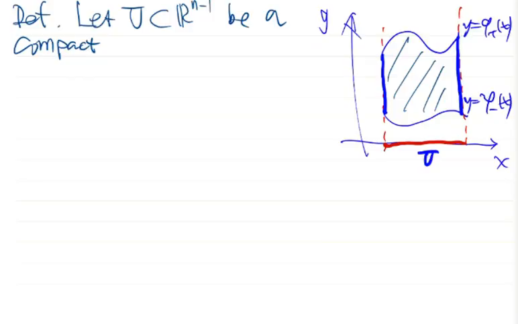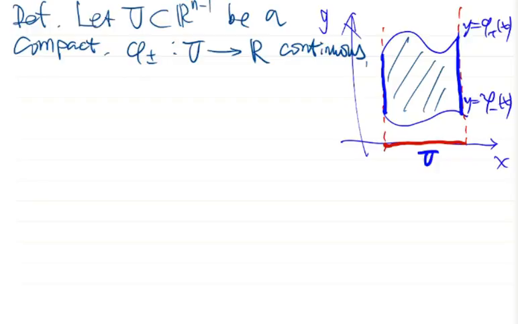Okay. So U is a compact, sequentially compact subset of R^(n-1). And then phi plus and phi minus are functions defined on U that are continuous. Okay. In fact, integrable is enough. Okay.